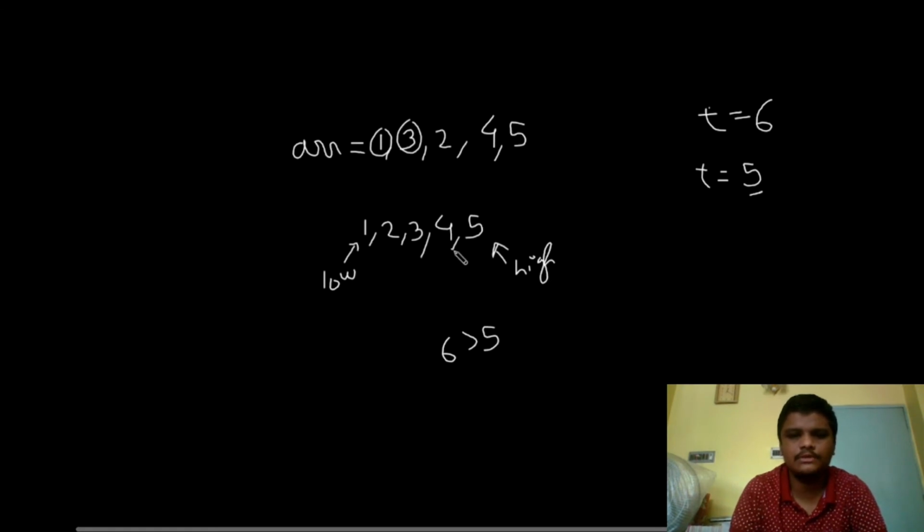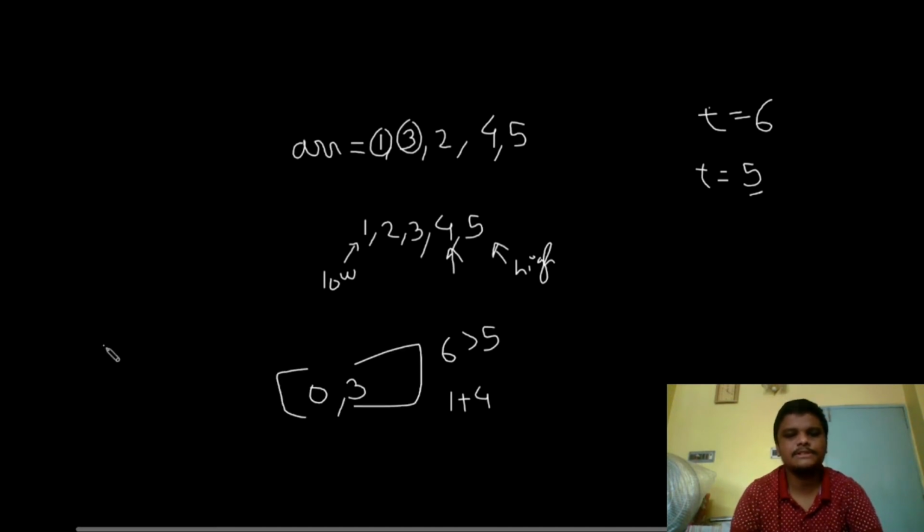Now high will be pointing to 4. So now we check whether 1 plus 4 is equal to the target number. We know that 1 plus 4 is equal to 5, and hence we have got our answer, and we will return 0 comma 3 over here.